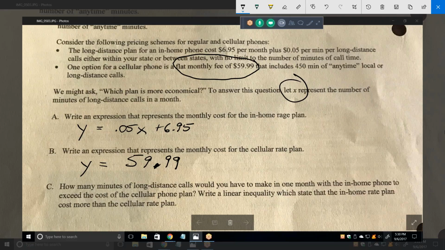It doesn't matter. The only thing we can say is that x has to be less than or equal to 450, because that's all you get for your $59.99 is 450 minutes. And they don't really say what they're going to charge you after the 450 minutes.